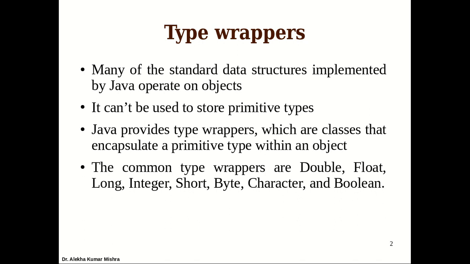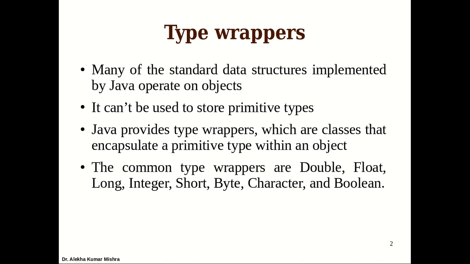Rather, we are storing an integer, but as an object, an Integer object. So Java provides you the type wrappers as objects. We have the common type wrappers like Double, Float, and Long, which are used to store the primitive types.